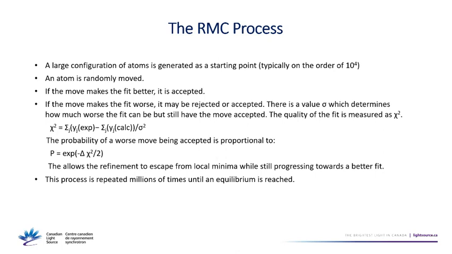If you have a small sigma, then you're being pretty strict and you're not accepting many worse moves. If you have a big one, then you're accepting many worse moves. So the idea is that this becomes a global optimization method. It's still accepting some bad moves, so it can get itself out of local minima, but it's still rejecting a lot of the bad moves, so it's still overall moving towards a better fit. And then you repeat this process millions of times until you come to an equilibrium where the fit isn't really getting any better, and essentially the statistics of the configuration aren't changing anymore.